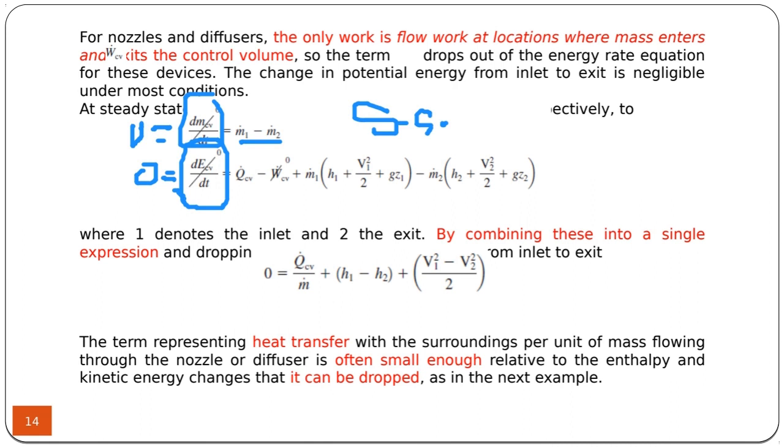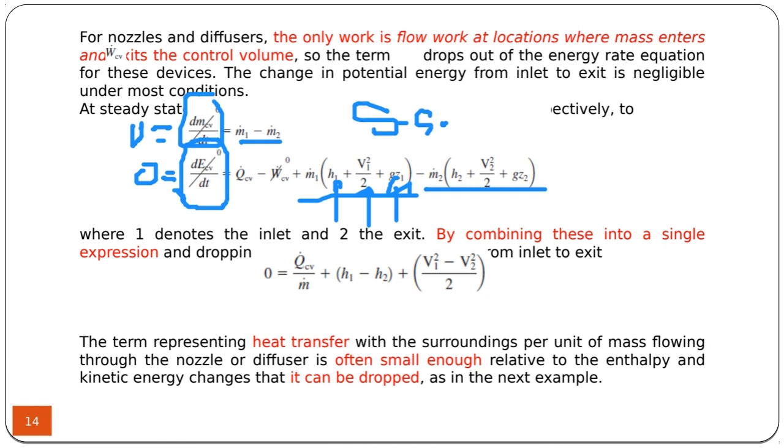In the second one, the energy equation gives you the net Q in and out of the system per unit time minus net work in and out of the system per unit time plus the net energy carried into the system as enthalpy plus kinetic energy plus potential energy and net energy exiting the system as enthalpy plus kinetic plus potential energies.